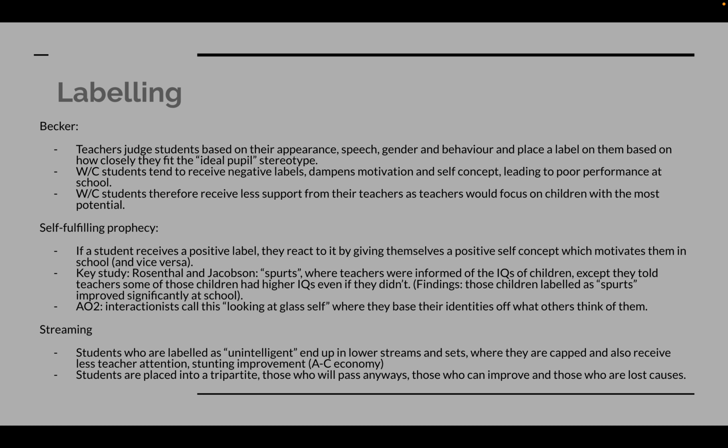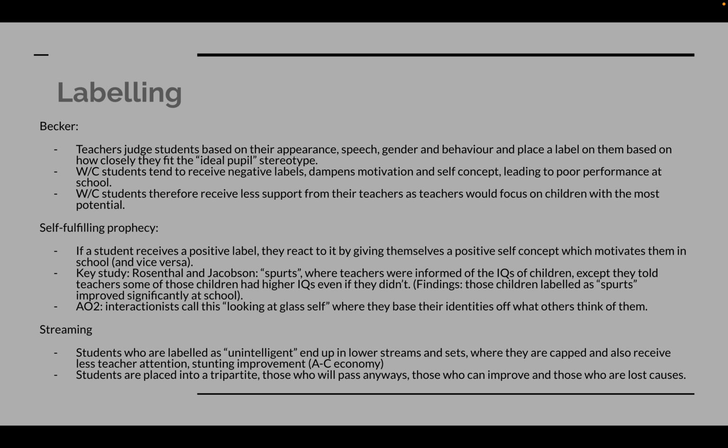So Becker argues that teachers judge students based on their appearance, speech, gender, and behaviour, and therefore place a label on them based on how closely they fit the ideal pupil stereotype. The ideal pupil stereotype is a child who's well behaved, on time, passive, obedient, and school focused, while also not trying too hard.